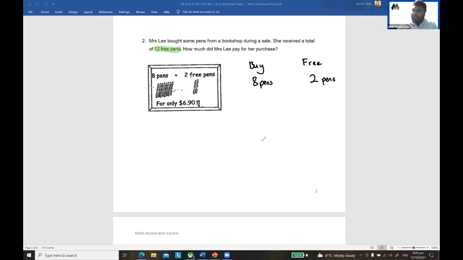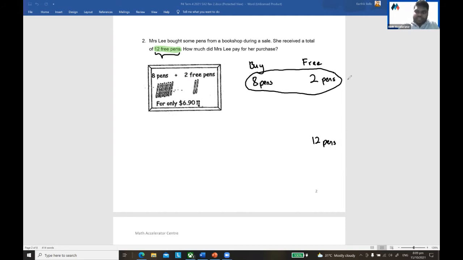So the clue that you only have is from the 12 free pens. So for every 8 pens I buy, I have 2 pens free, correct? So if I have 12 pens, how many of this set do you think this person would have bought till she reaches 12 pens?